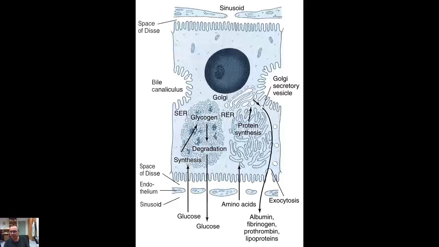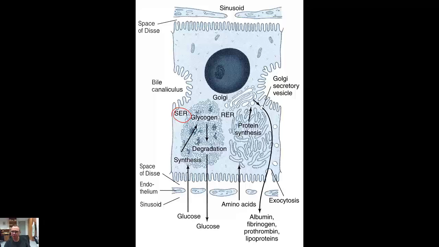The hepatocytes can not only synthesize and store glycogen, but they can also degrade glycogen and quickly liberate glucose back to blood. So the metabolism of glucose and glycogen is very important here, and it is one of the functions of smooth endoplasmic reticulum, which is very important here.